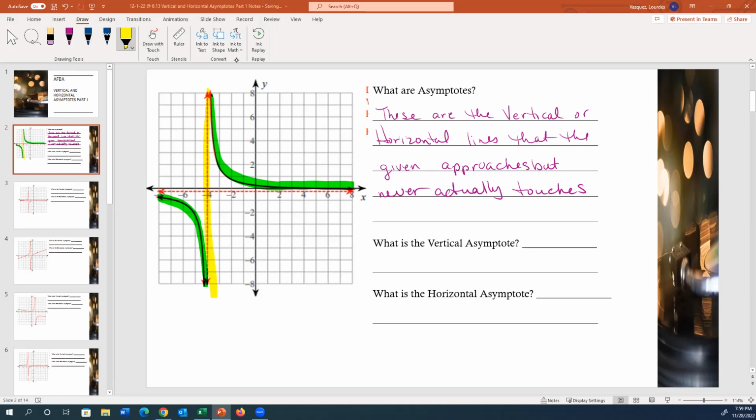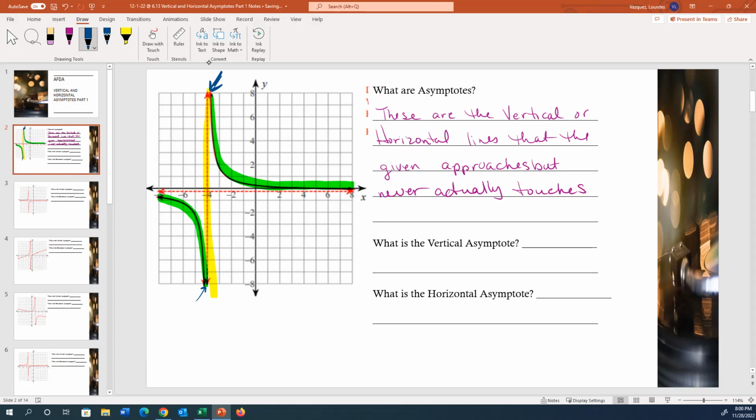See that line, both of these green graphs are approaching that vertical line. See how it approaches it, but it never actually touches it, and it will never touch it. It will never even cross it. So this line here is our vertical asymptote, the vertical line which the graph never touches.